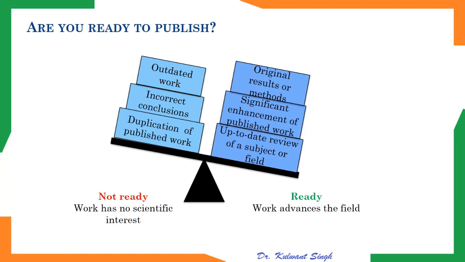You have to show how your research work is different from the existing one. On the basis of these parameters, we can analyze whether we should go for publication or not. So judge your work on these parameters and start writing if you feel that your work is advanced in your research domain.